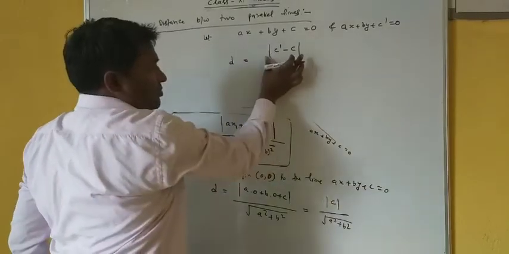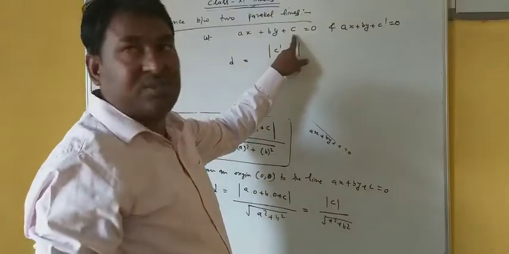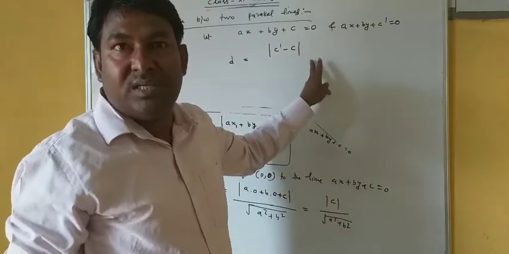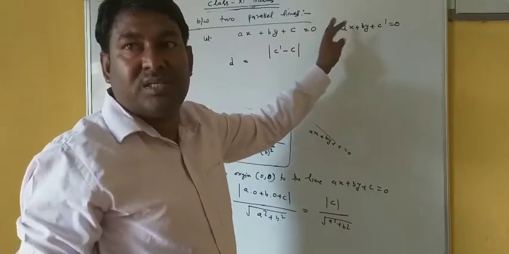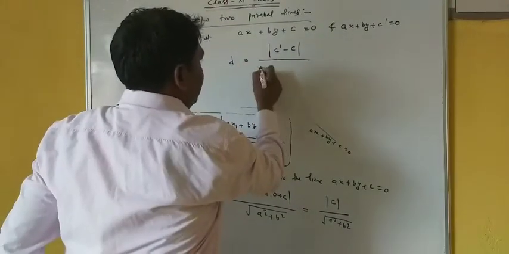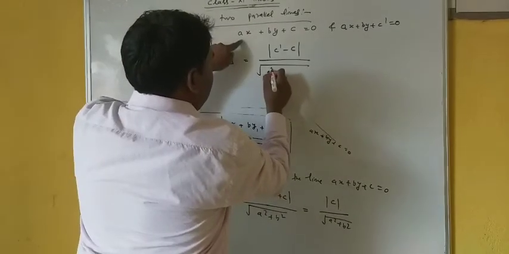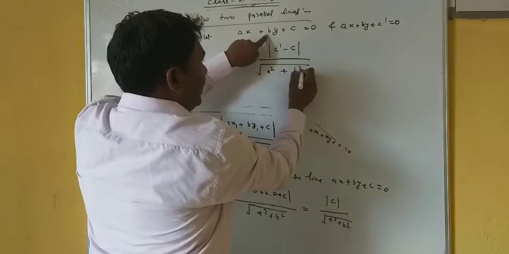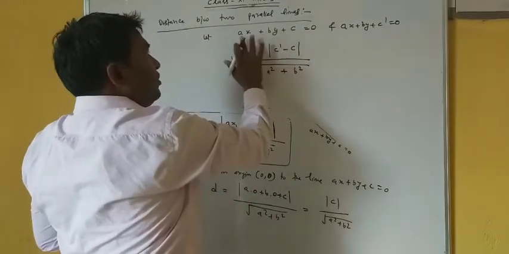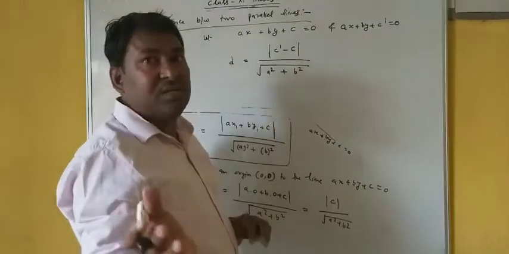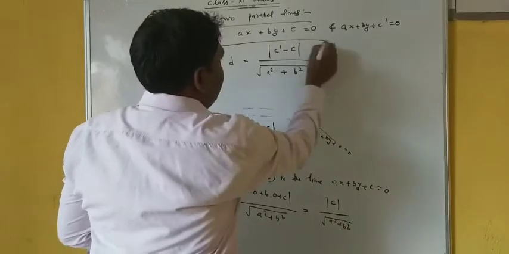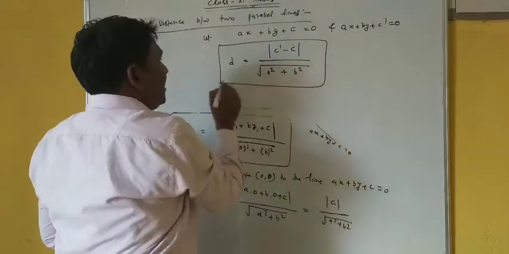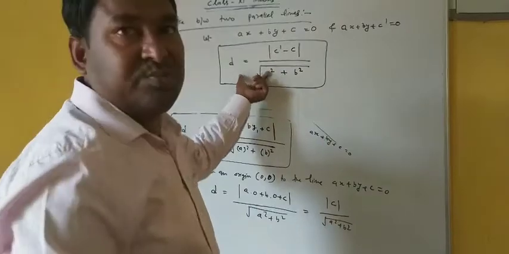If c is more than c dash, then c minus c dash; if c dash is more than c, then c dash minus c, divided by the square root of the coefficient of x square plus the coefficient of y square. Since in both of them the coefficients of x and y are the same, we can use this formula to calculate the distance between two parallel lines.